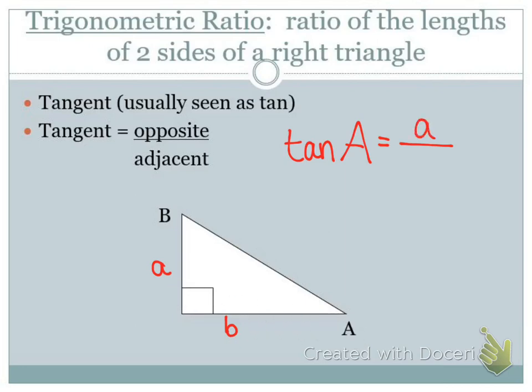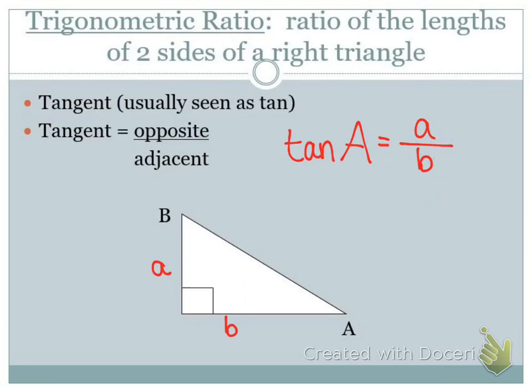Lowercase a, over the side adjacent to angle A. Adjacent means right next to, lowercase b. Usually we'll have numbers for little a and little b, but this is how these problems will be set up.